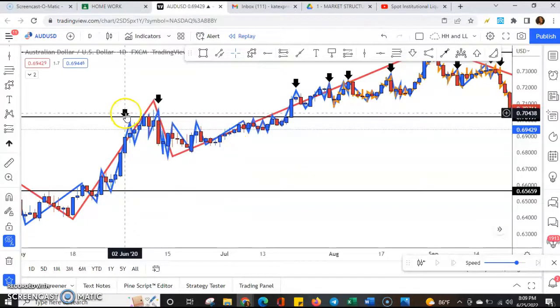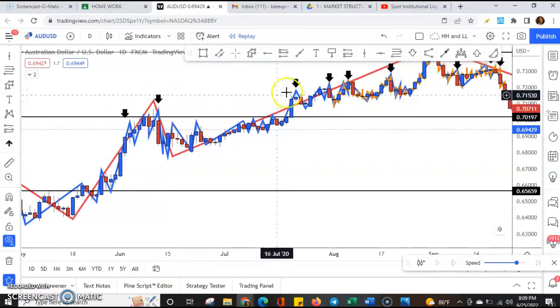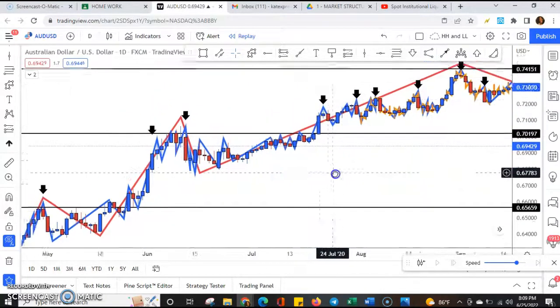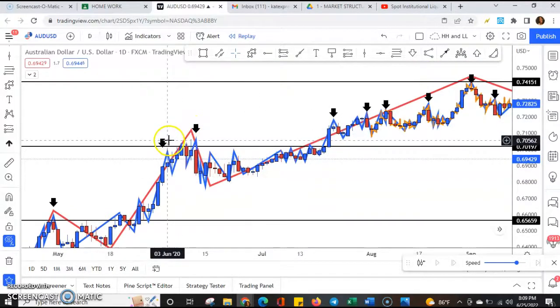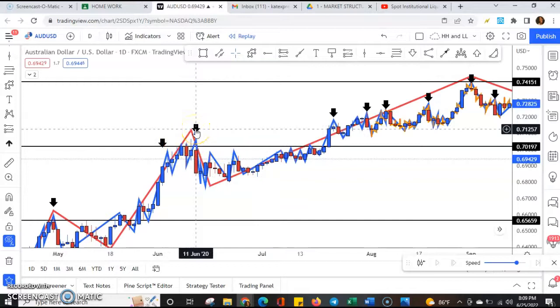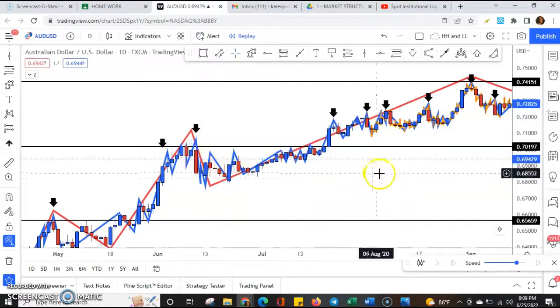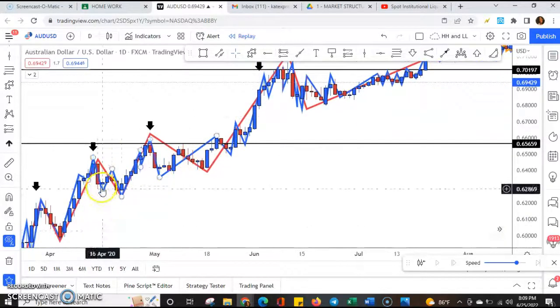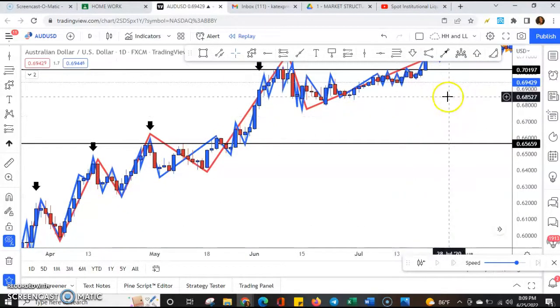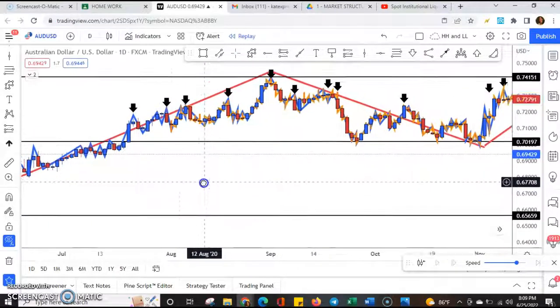As you can see, I've identified my high swing points here, my key levels, with these arrows, because this is the highest the market went before it pulled back. Now, as you can see, there are only two colors on this side, the 15-minute is missing because TradingView will not let me go back that far.